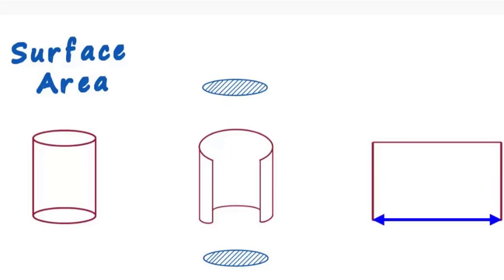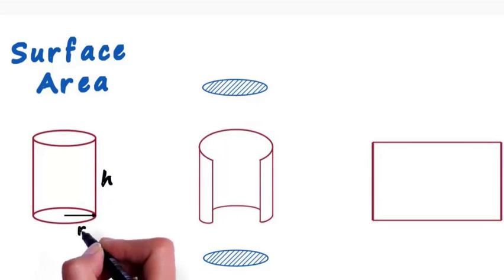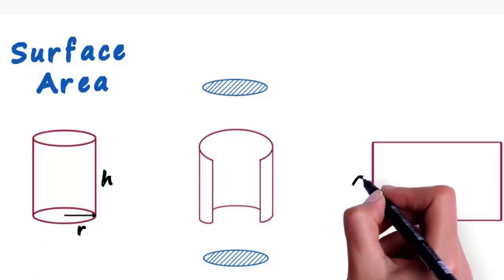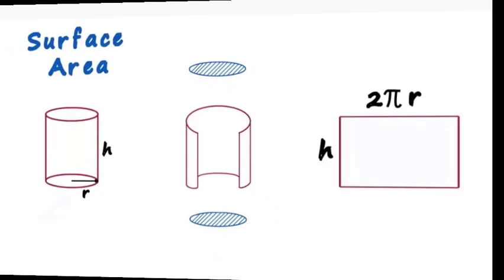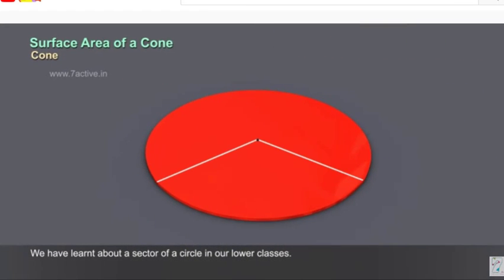The length is going to be the circumference of the base of the cylinder, which is 2 pi r, and the height is just the height of the cylinder.